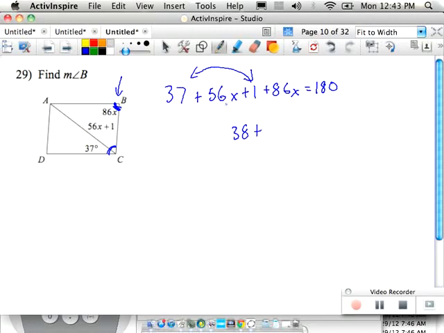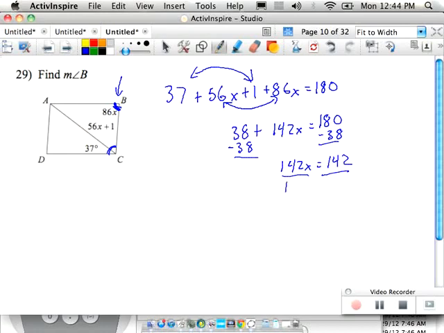So I have 38 plus, let's see what we'd get from the other two numbers. This is going to be 56 and 86, that's 142x. So if I subtract 38 from both sides, magically I have 142x equals 142.